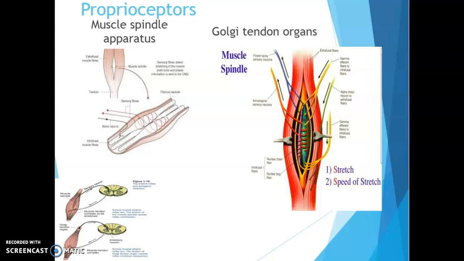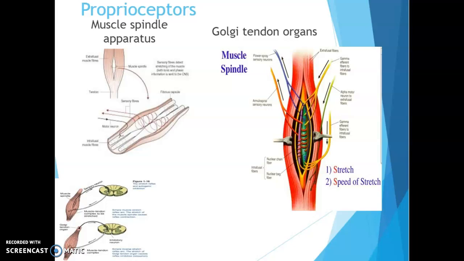In response to external forces, the gamma motor neurons can induce the involuntary reflex movement, which is called the stretch reflex.